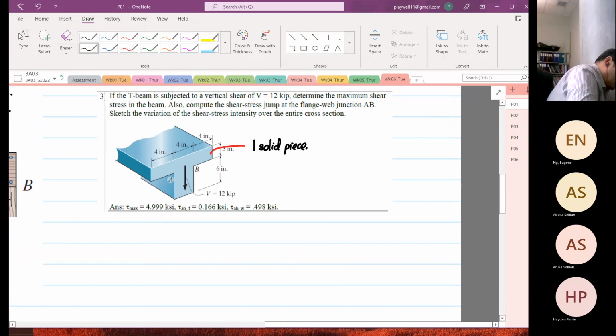we will know that failure will always occur at the centroid. For this case, not every case, the failure will occur at the centroid, because tau max is at the centroid.